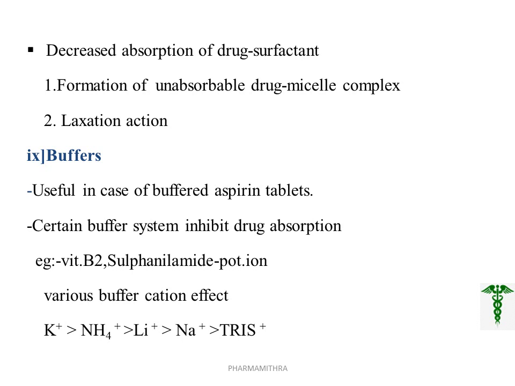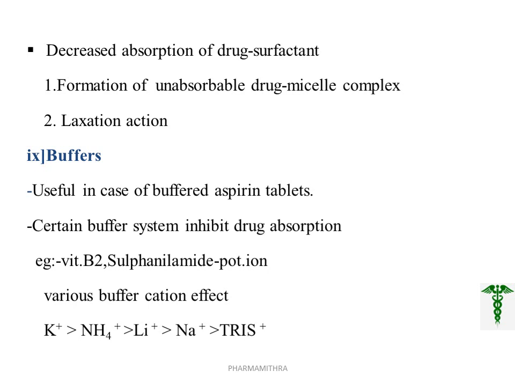The ninth excipient is buffers. Buffers are useful in creating the right atmosphere for drug dissolution. That is very helpful in the case of buffered aspirin tablets. But certain buffer systems containing potassium cation inhibit drug absorption.